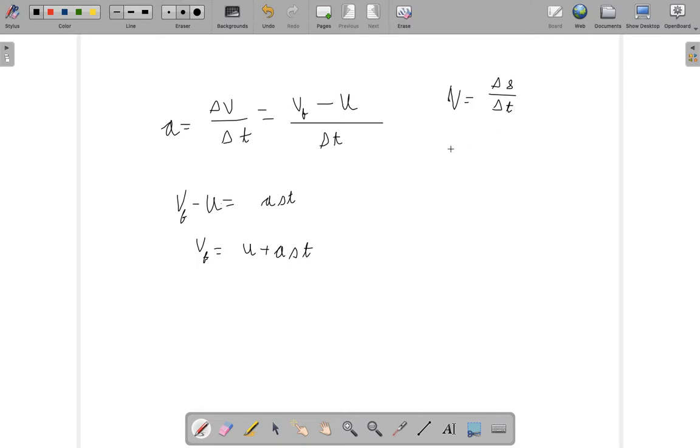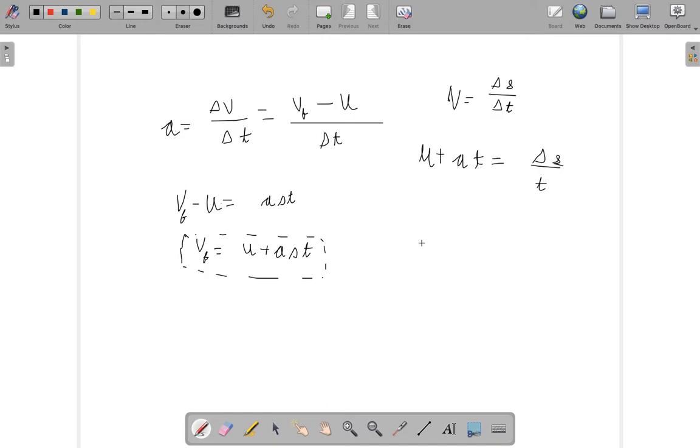So we know from earlier that our final velocity is equal to the initial velocity plus the acceleration times the change in time. If we bring that in over here, we have initial velocity plus acceleration times the change in time, or I can just call it time for now, because we're assuming we start at time equals 0, is equal to the change in displacement over time.